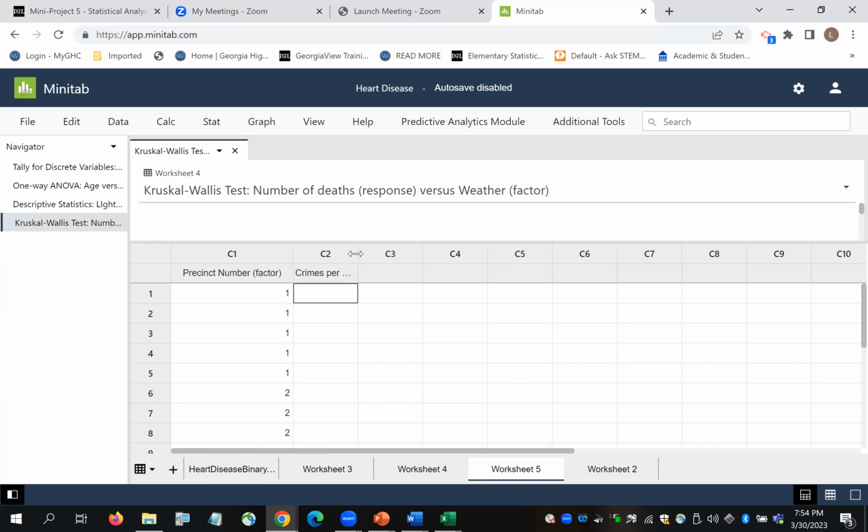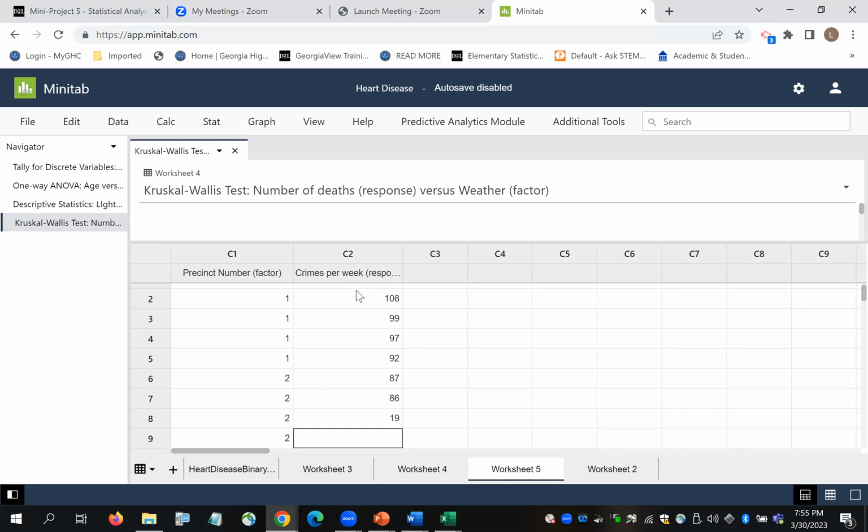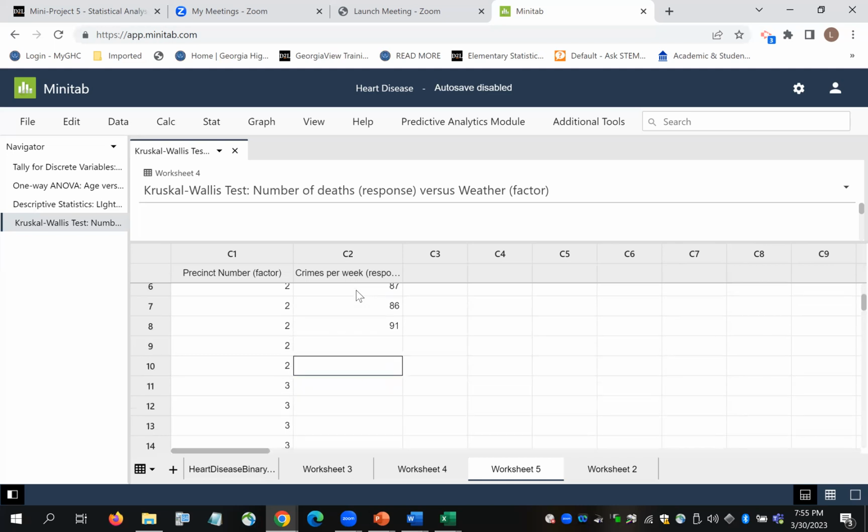So for precinct 1, I'm going to put the values that I was given: 105, 108, 99, 97, 92. And then I go to precinct 2 and I'm entering 87, 86, 91, 93, 82, and so forth.